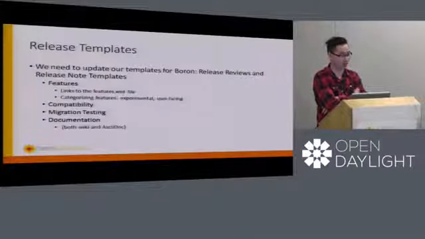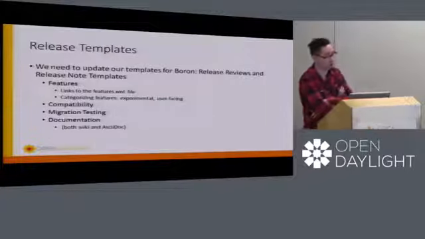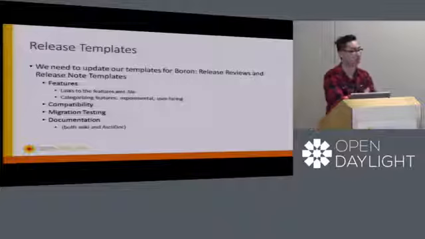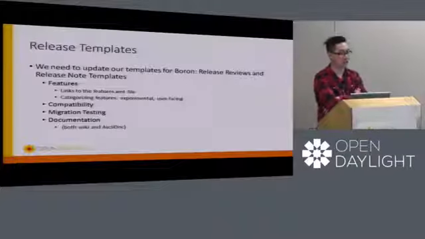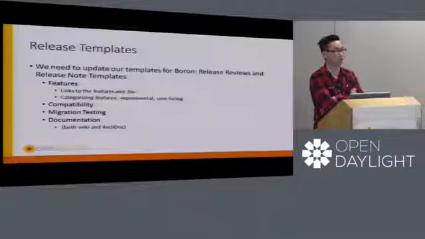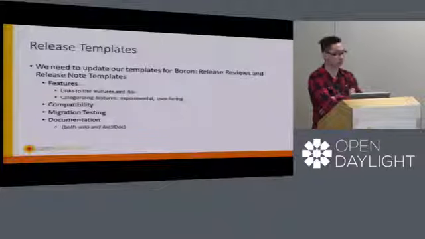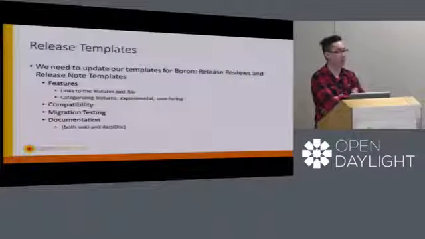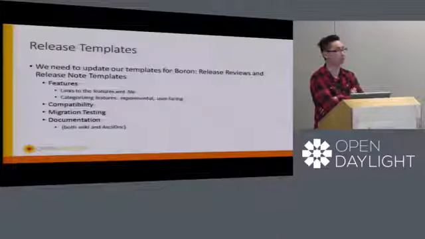And also clarifying what it means to be compatible, and their migration testing. It's not enough to say, oh, by the way, you can migrate from a previous release. We need projects to actually identify if they've done any sort of migration testing.